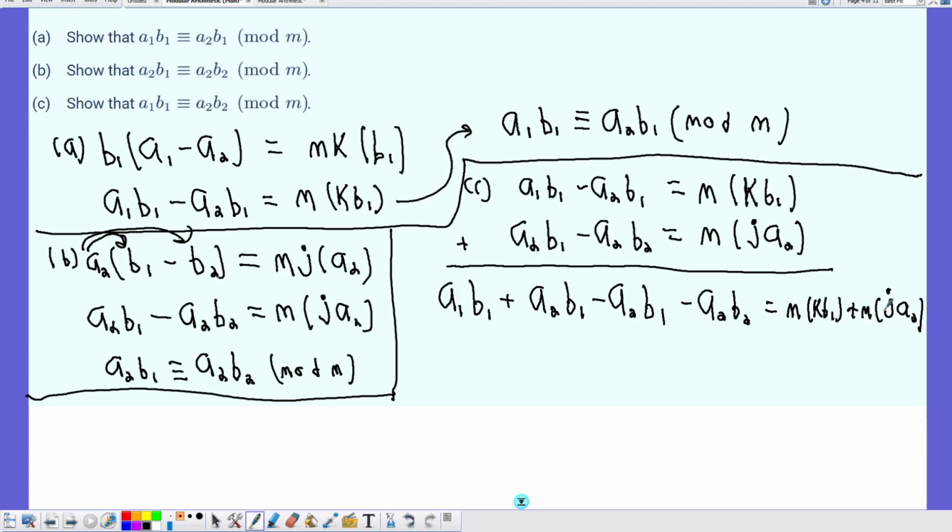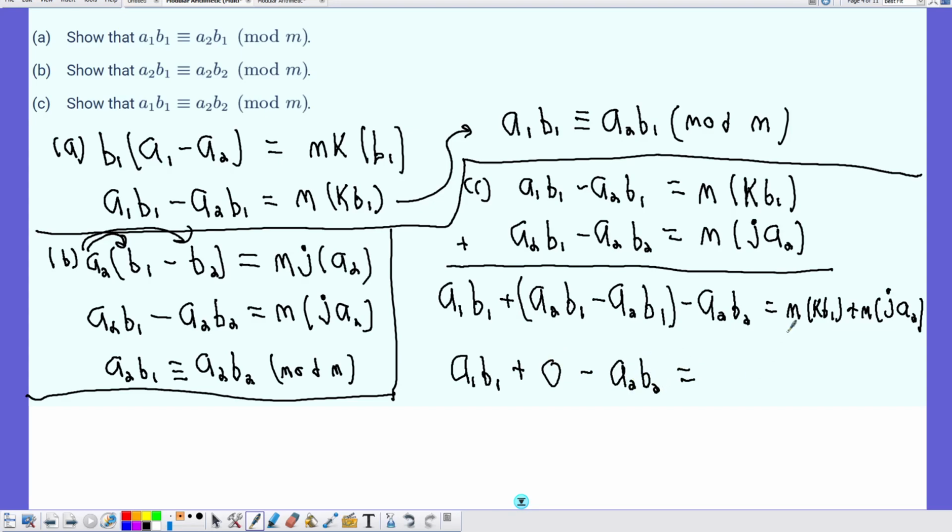But now what I can clearly see is that if I group these up together, we have A2B1 minus A2B1. And anything subtracted from itself becomes a 0. So I have A1 B1 plus 0 minus A2 B2.